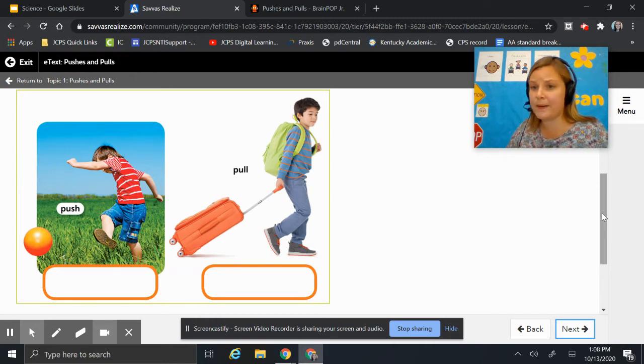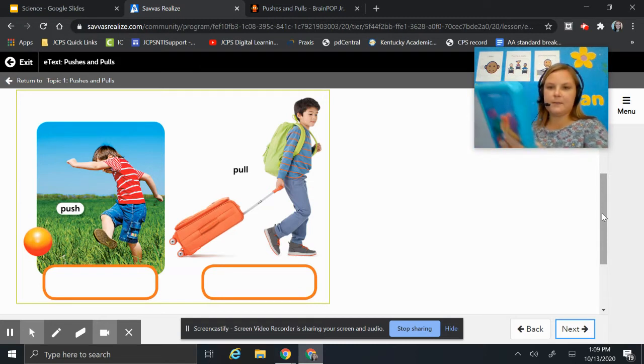Or you could draw out some pictures and practice that way. I'm not the best drawer, but I'm going to draw someone kicking a ball.